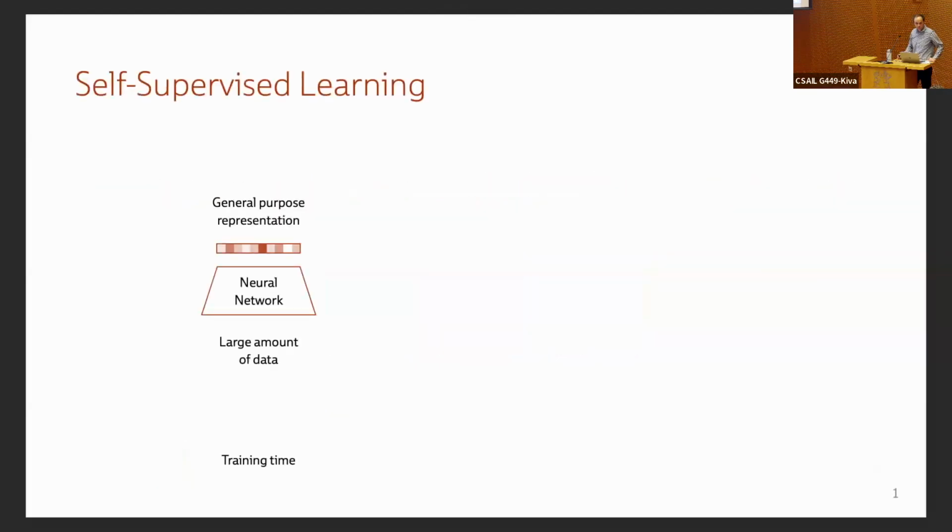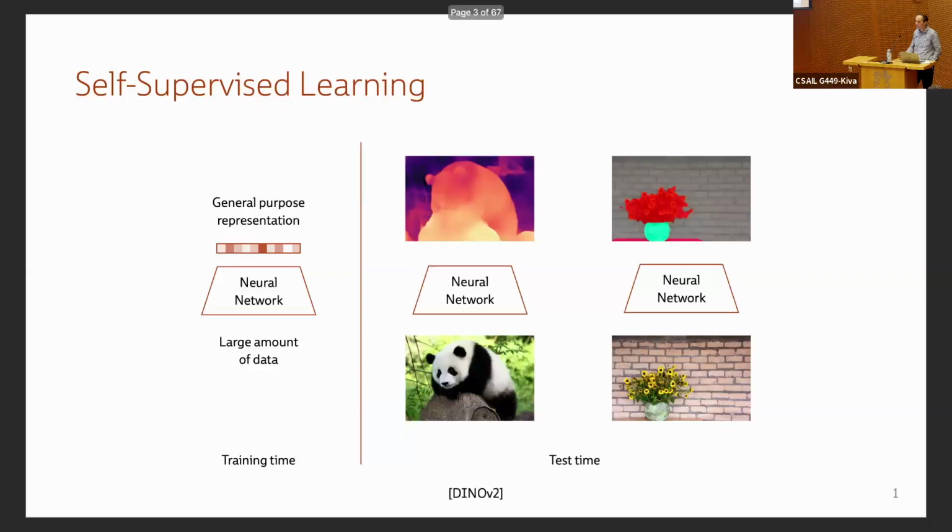Before delving deep into the details, let's motivate why we care about self-supervised learning. The idea here is that we have deep learning and we can leverage large amounts of data to learn some general purpose representations. Afterwards, after training these models with this large amount of data, we can solve, in an unsupervised way, downstream tasks that do not require supervision.